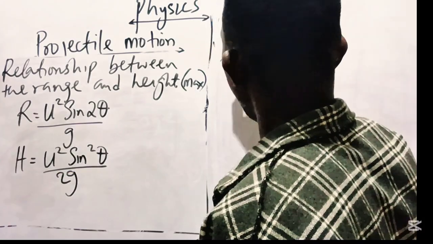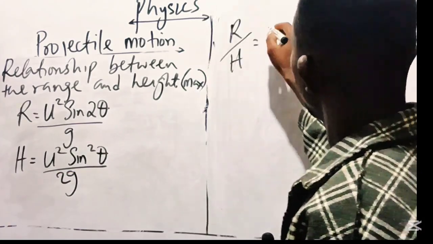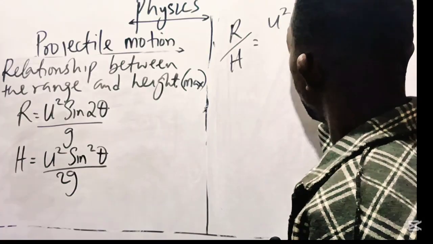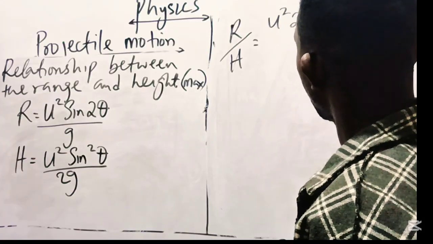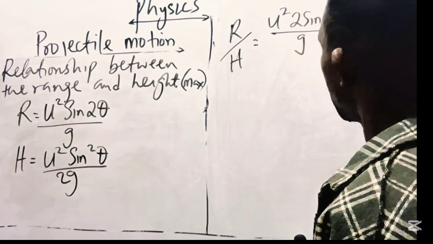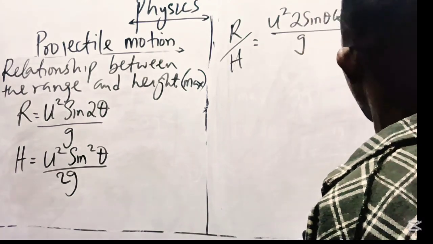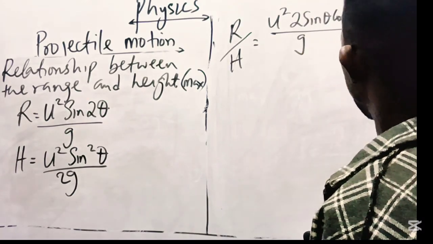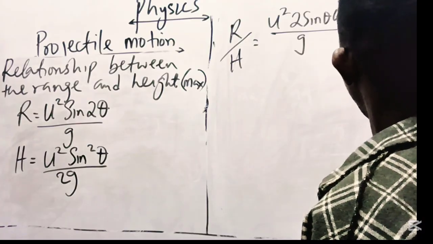R over H will give us U squared 2 sine theta cos theta over G, multiplied by 2G over U squared sine theta sine theta.